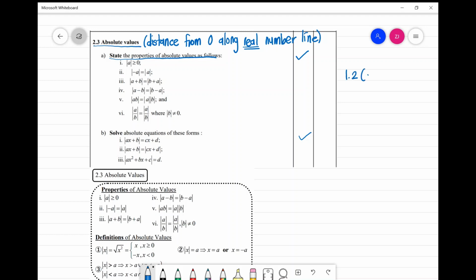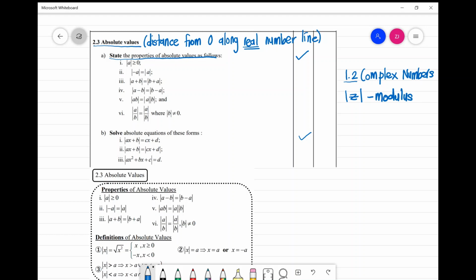If we recall topic 1, especially subtopic 1.2, we discussed complex numbers, and we have the modulus symbol here. This is called the modulus of a complex number. Absolute value is basically the modulus of real numbers, while for 1.2 we discuss the modulus of complex numbers.